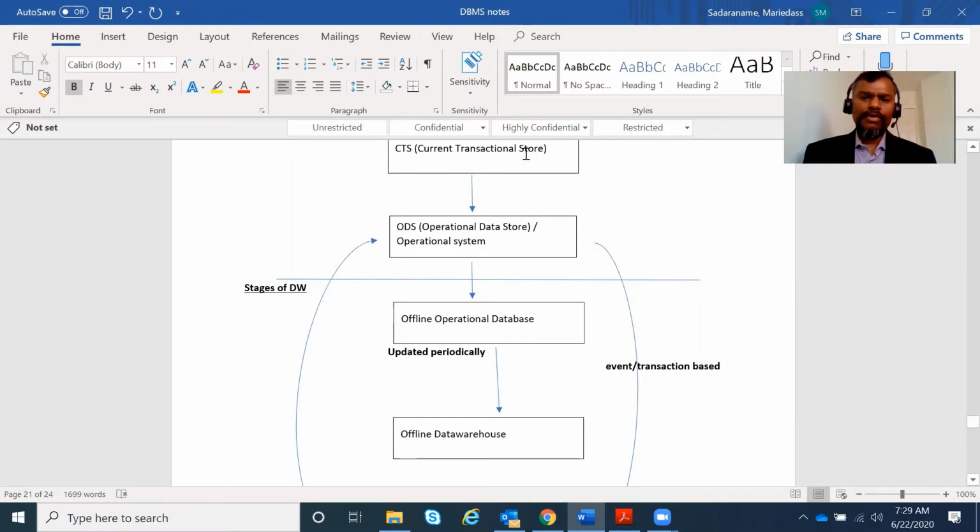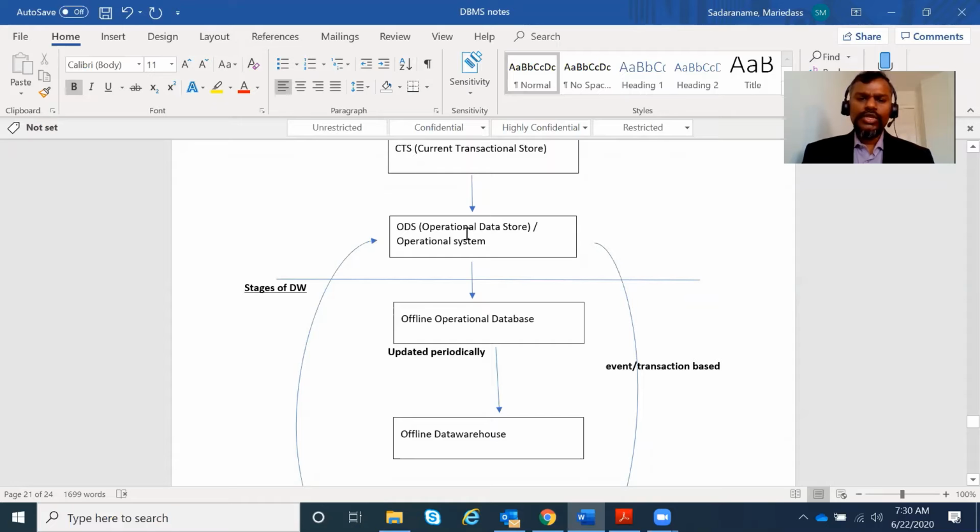You're coming after 2 months, so all your data stays in ODS. So it tries to fetch in CTS. If the data is not found, it goes back into ODS and fetches the data. Fetching the data from ODS is going to be a little time consuming because it is not that frequent. So it has to go through a process to fetch the data.